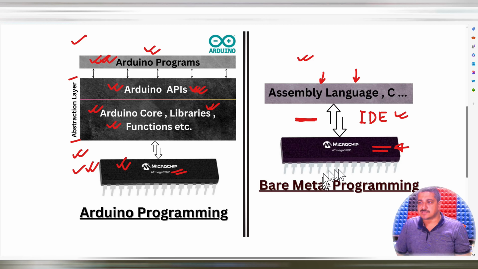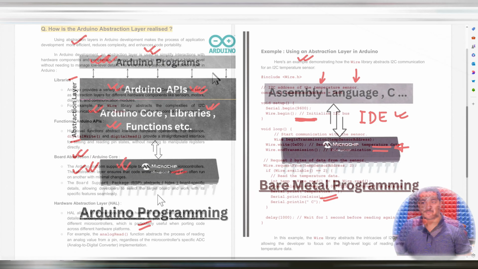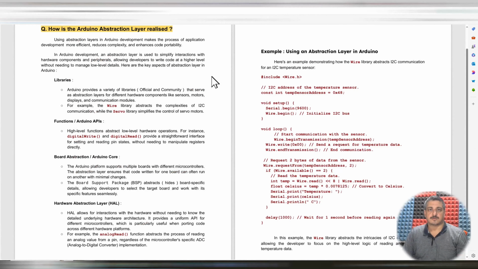Okay, so that is how you write programs in the bare metal programming approach, and side by side, this is the Arduino programming approach. Fine. I would suggest you read these two pages.